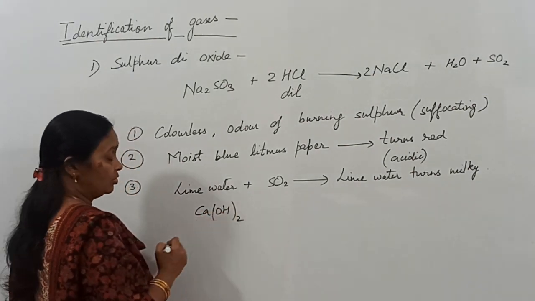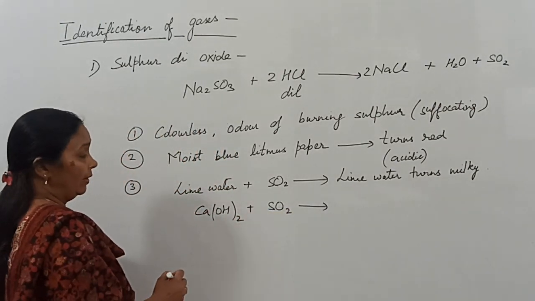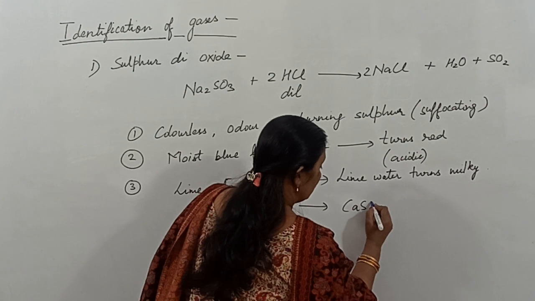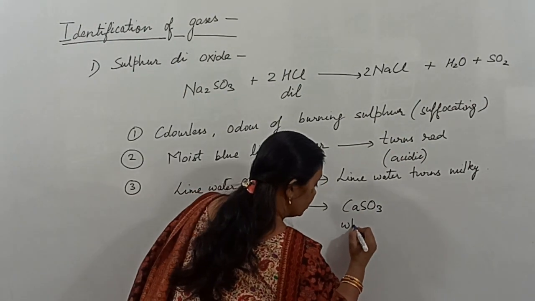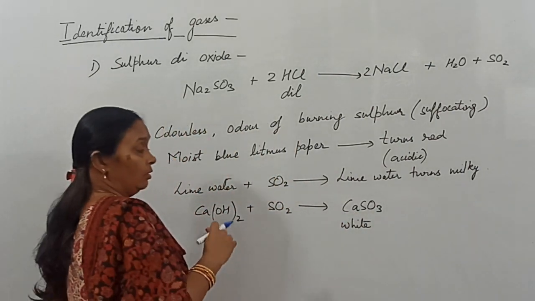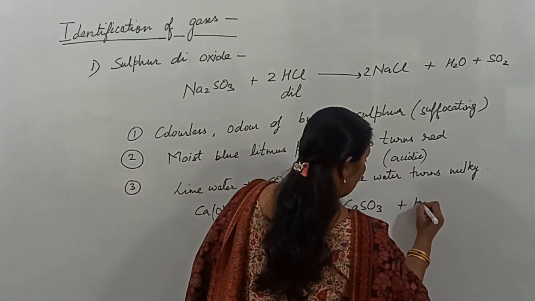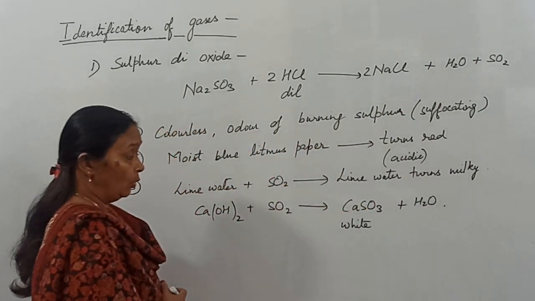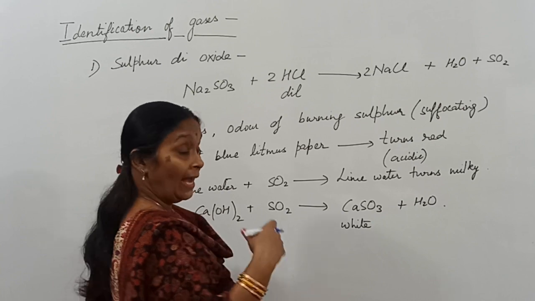If we take calcium hydroxide, which is lime water, and pass sulfur dioxide, CaSO3, calcium sulfite, is formed, which is white in color and turns the lime water milky, and along with that H2O is formed.